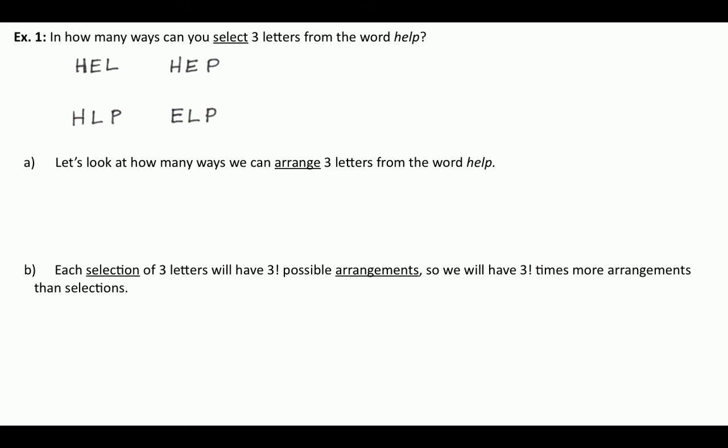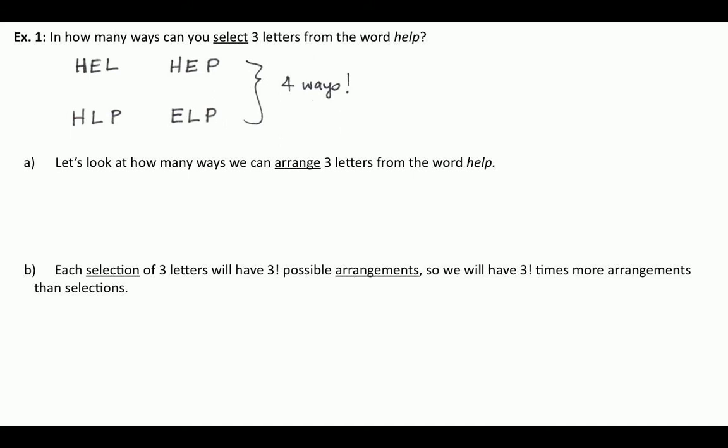Now, we could say, let's look at how many ways we can arrange 3 letters from the word HELP. If order mattered, and I went to reach into the bag, and I've got 4 to choose from, and I choose one and put it there, and then reach in and choose the next one, and reach in and choose the next one, we're basically saying I've got 4 choices, but only 3 spots.